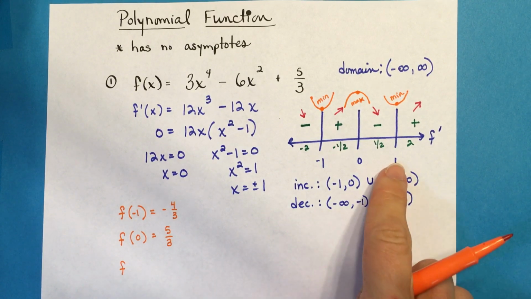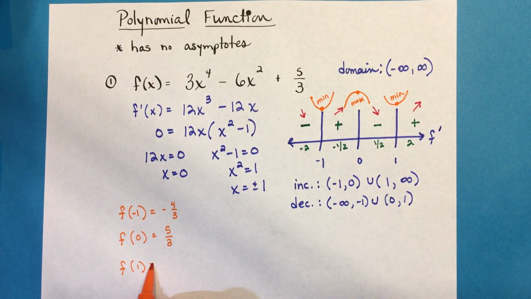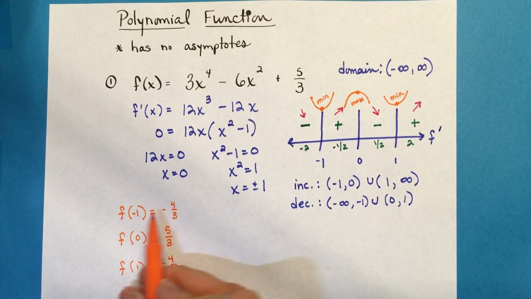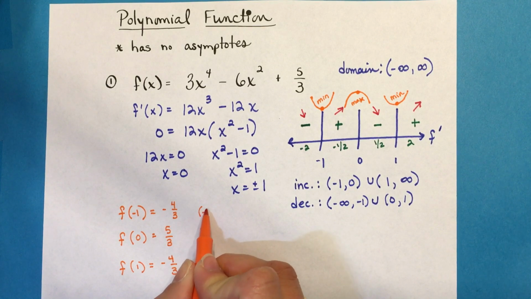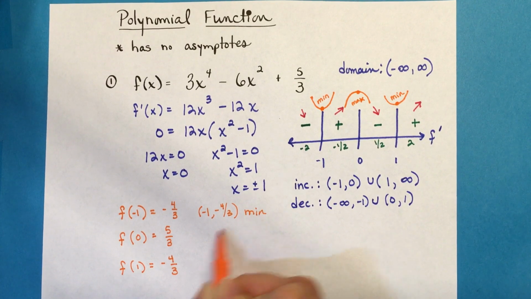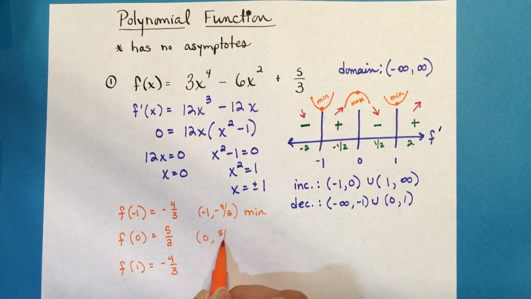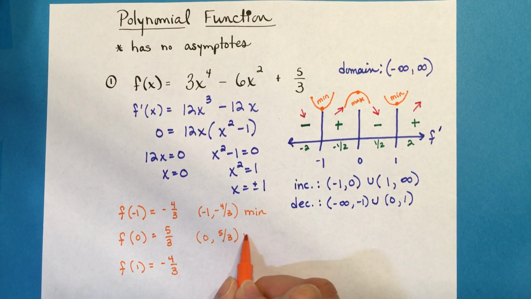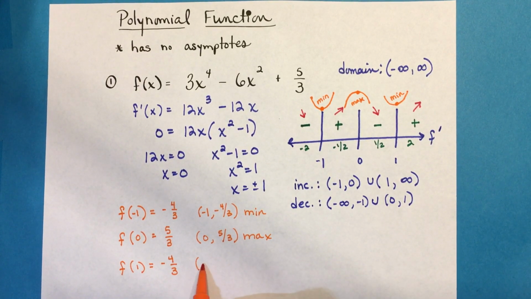And at +1 you're going to get -4/3. So remember, the point -1, -4/3 is a min. The 0, 5/3 is going to be a max. And +1, -4/3 is going to be a min. That's all the information that we're going to be able to get from our first derivative.